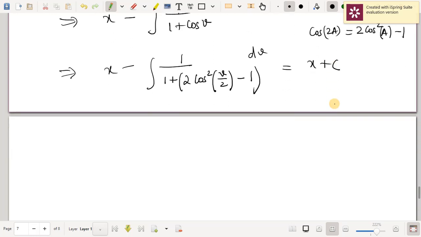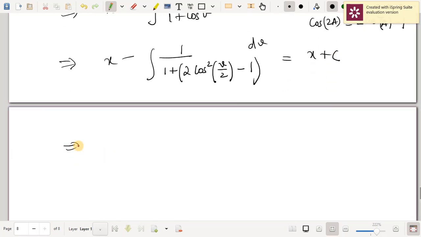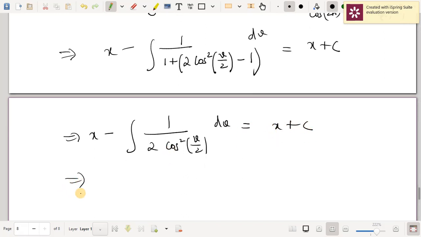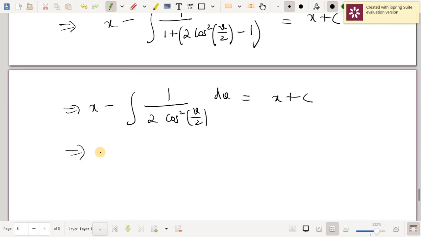So that's the same as writing x minus the integral of 1, and the 1 and minus 1 get cancelled, and you have 2 cos square of v by 2 dv equals x plus c. Now this is a very simple integral: x minus 1 by 2 into the integral of 1 by cos, which is sec, so this becomes sec square of v by 2 dv is equal to x plus c.